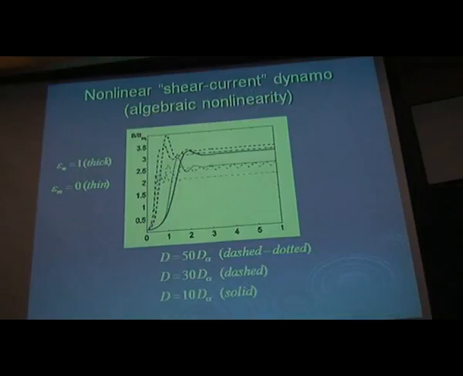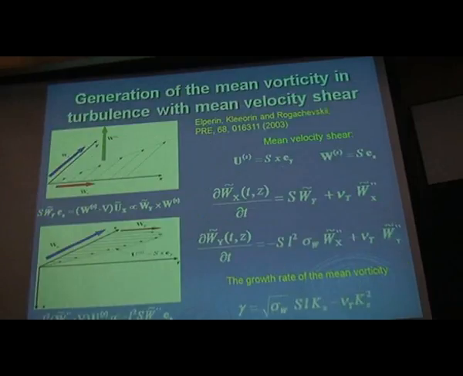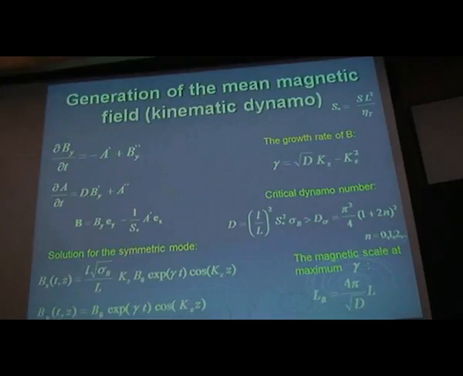I have mentioned that during generation of the large-scale magnetic field, there is a strong growth of the By component, the component which is directed along the imposed shear, and the Bx component is much smaller than the By component, which is similar to an alpha-omega dynamo. But if the shear is not of the order of unity, these components are of the same order of magnitude.